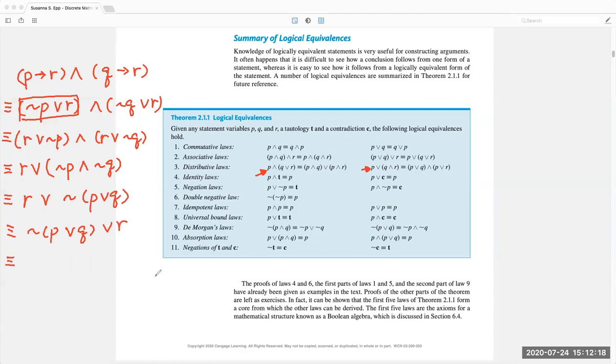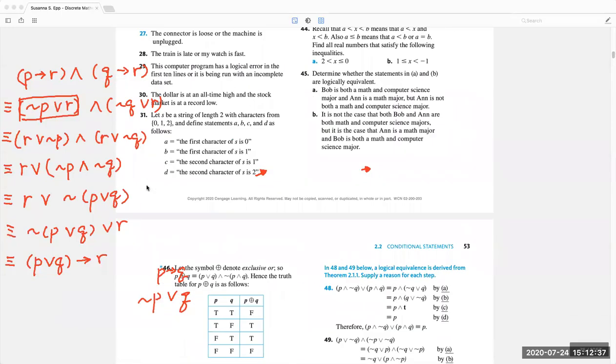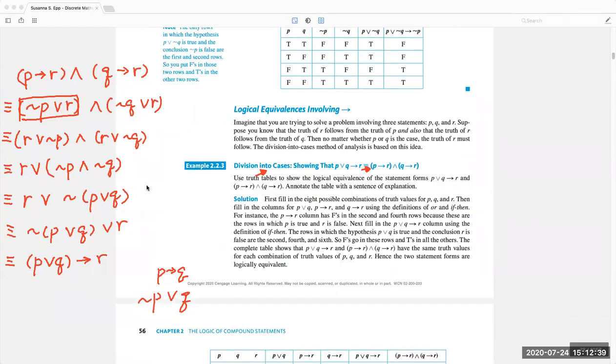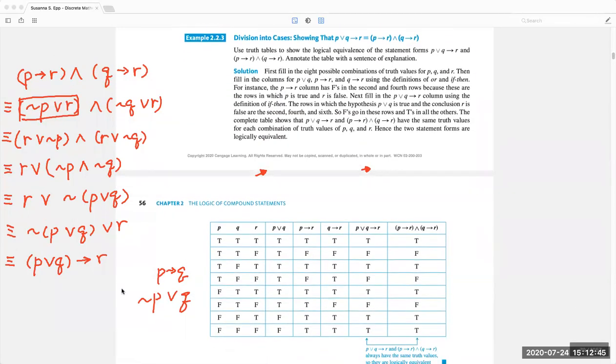And then we use what we have learned about if P then Q, that means negation P or Q. So right now we have P or Q implies R. So then we can show that these two statements are equivalent to each other using the laws, okay, instead of drawing the truth table.